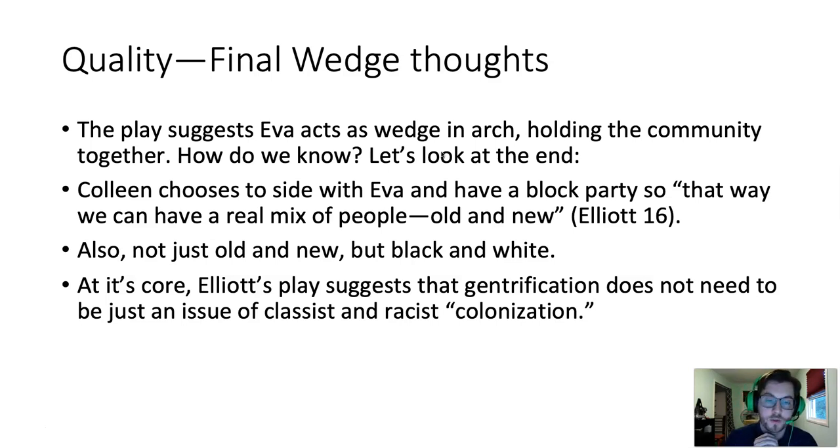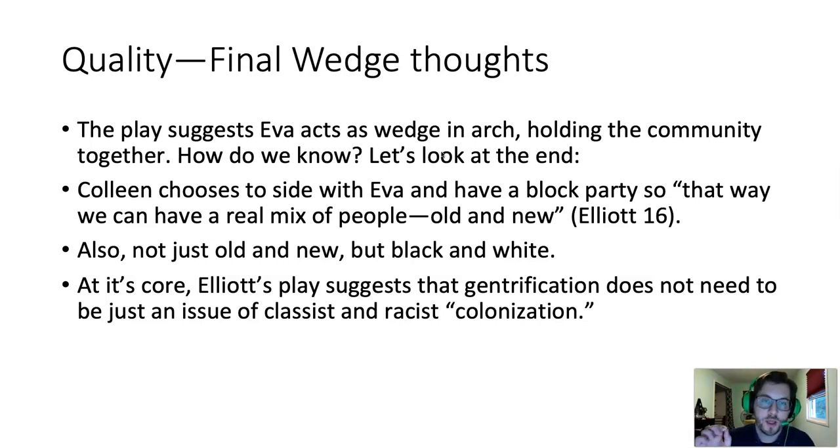So then, at its core, Elliott's play suggests that gentrification does not need to just be an issue of classist and racist colonization, that there is a potential for people like Eva and Colleen to come together and use gentrification as a force that could balance the needs of poor and rich, of working class and middle class, of black and white.